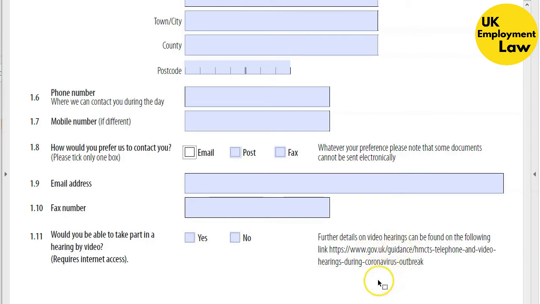which gives you further guidance about telephone and video hearings. If you have access to the internet, you may prefer to take part in a hearing by video. If you do not have access to the internet, or you do not want to take part via video link, you may say no. However, given the circumstances, your case may be delayed.